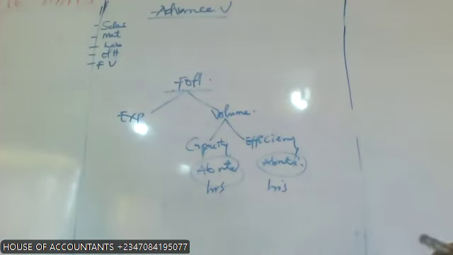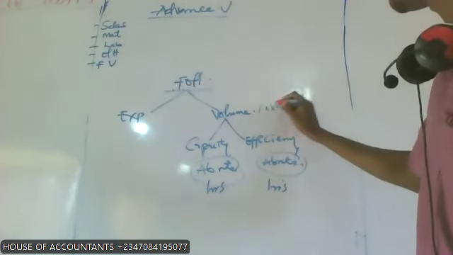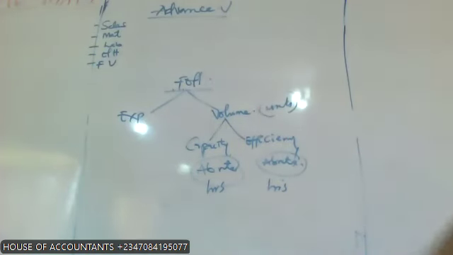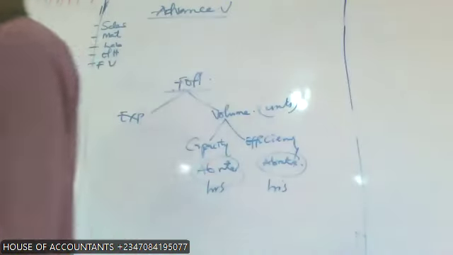They will be dividing it by hours to get the actual rate. But when they are talking about volume, it will be divided by units. And that is all the summary I can say about this.